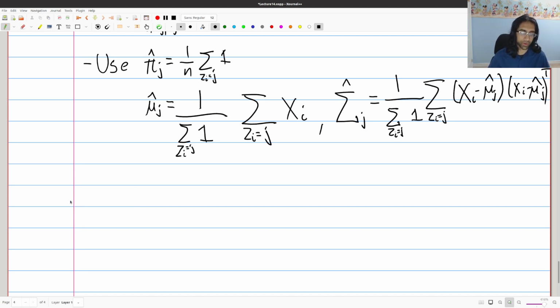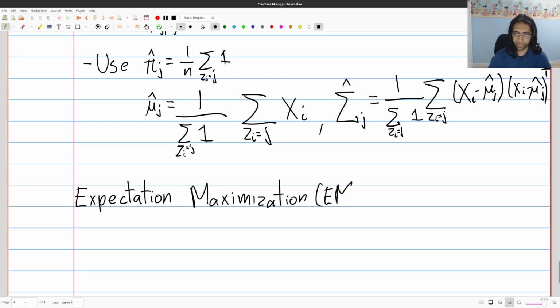Instead, to alleviate these issues, we're going to have an algorithm which learns the parameters and learns these cluster labels at the same time. It's a very well-known algorithm called expectation maximization, or the EM algorithm.